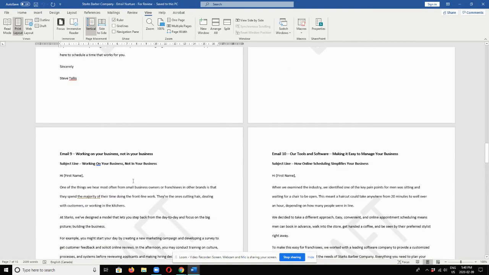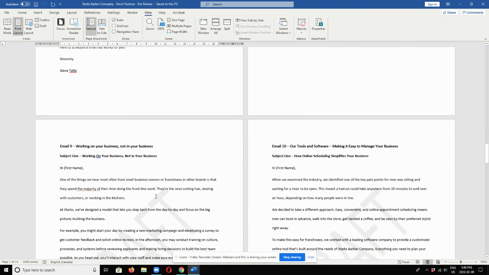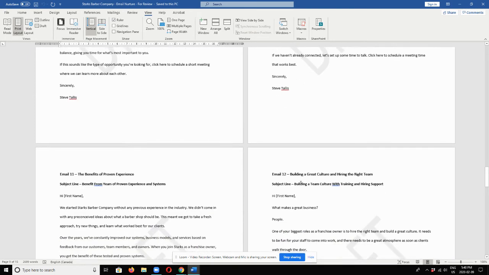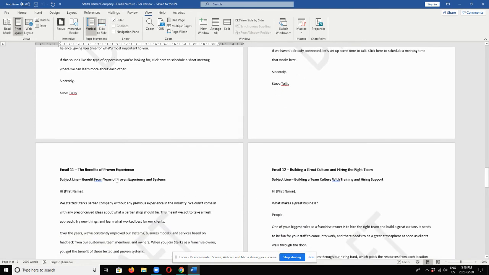And then just working on your business, not in your business. What does it look like to own a Starks franchise, and what owning a business is all about. The tools that they offer, online scheduling, benefits from years of proven experience and systems. Again, building that trust and the fact that they're going to be well supported in their journey.